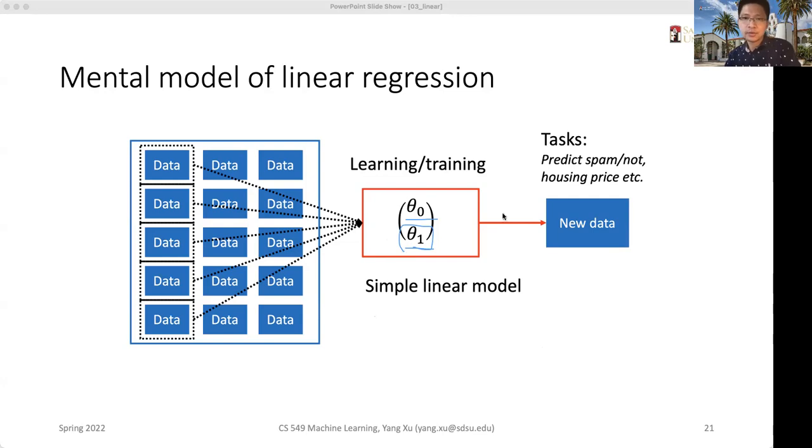So anyway, let's replace what we used to have in this red box with theta 0 and theta 1.